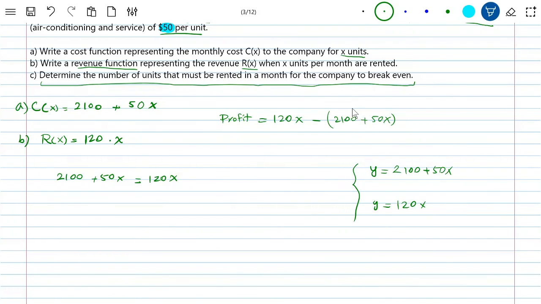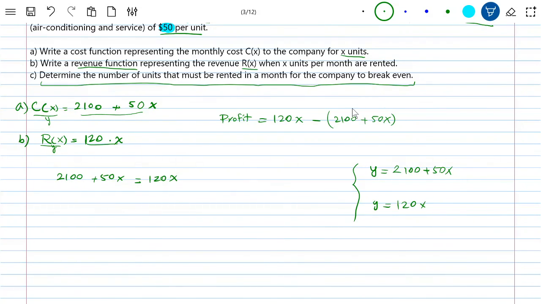But instead of solving the system, you can simply say, if I want to break even, the cost and revenue must be equal to each other. It's kind of the substitution you're doing. You're replacing y. These y's must be equal, therefore these two must be equal.